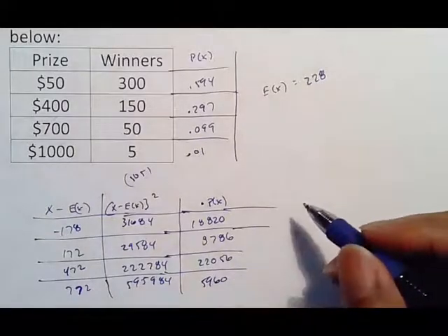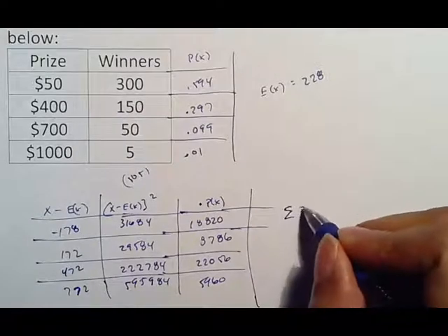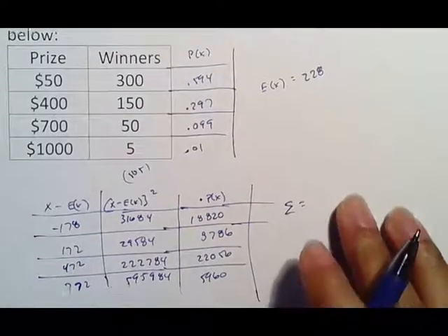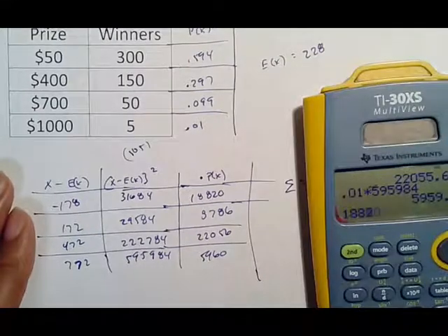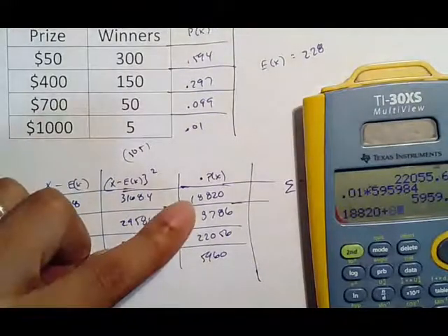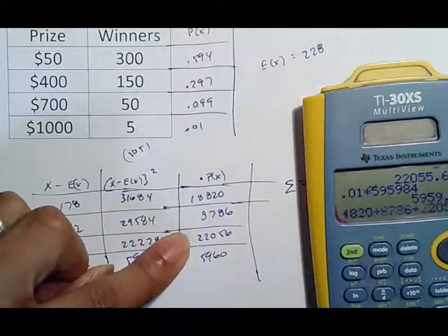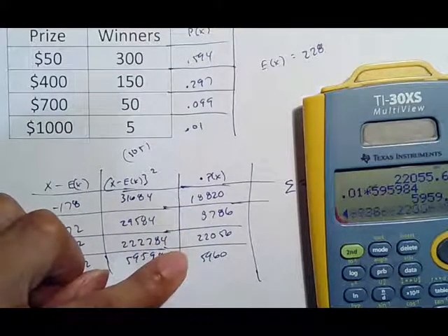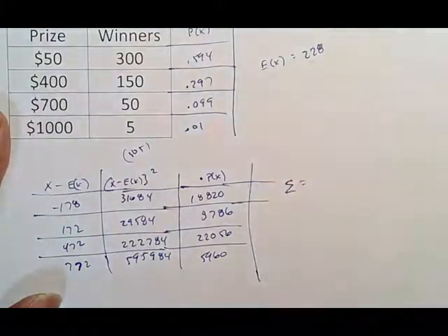Alright, so now that we have that, we want the sum of everything. And so now you take all these numbers, 18,820 plus 8786 plus 22056 plus 5960, and that gives us our variance of 55,622.